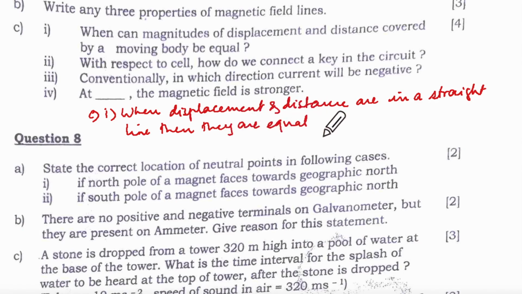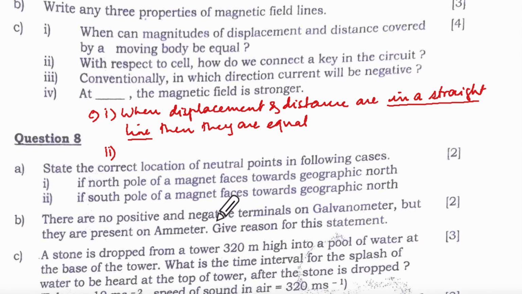Tell me which keywords you will underline. Straight line. Equal. No, they are saying equal in the question. So when they are in a straight line. Understood? Yes, ma'am. Okay. Then we come to the second one.